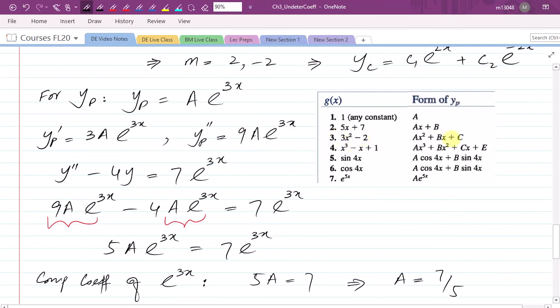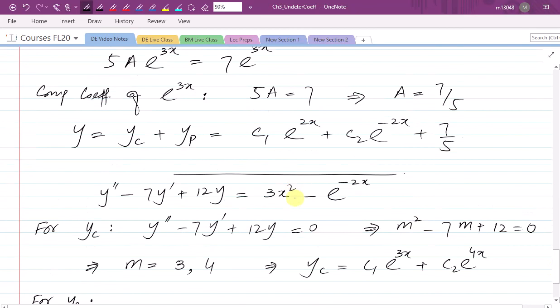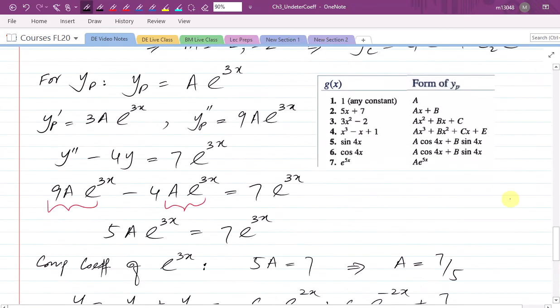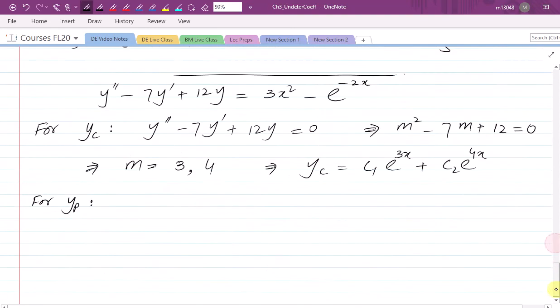For 3x square, we must write ax square plus bx plus c, even if there is no x or constant in our case. Still we must write the complete quadratic expression here. And the second is e power minus 2x. So we have two groups, and we will treat them separately.